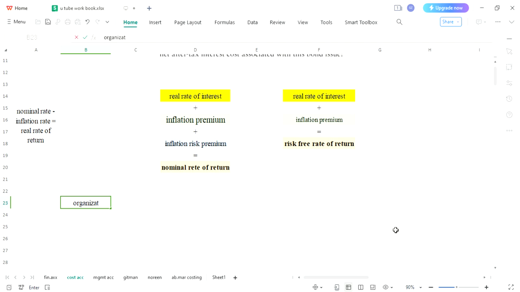An organization receiving a loan from the public will issue a debenture document to a person who is investing in the company.